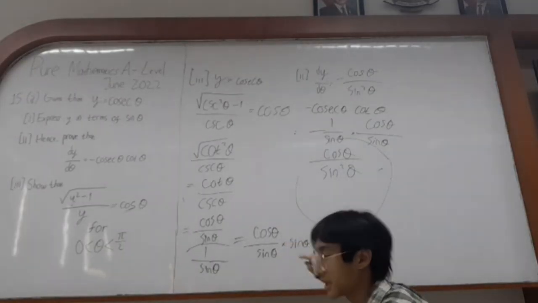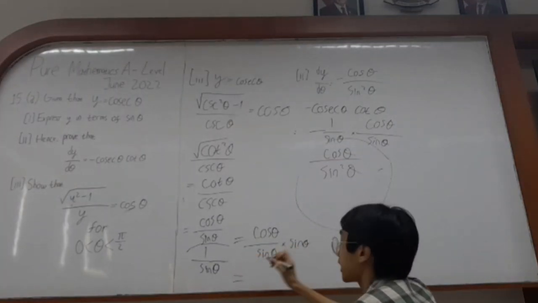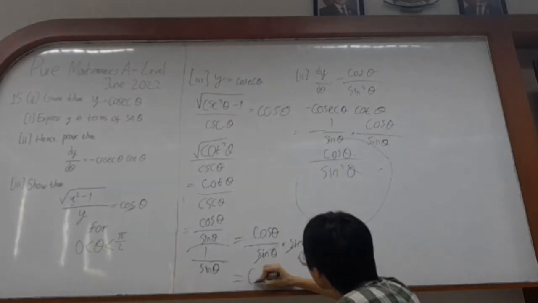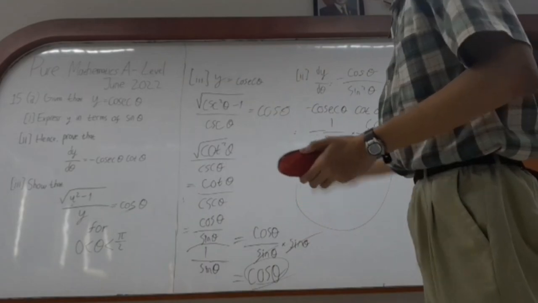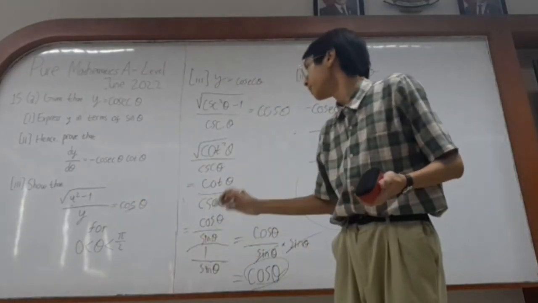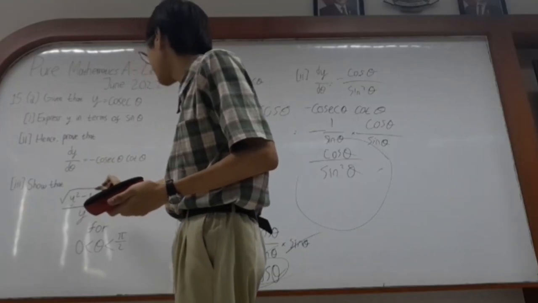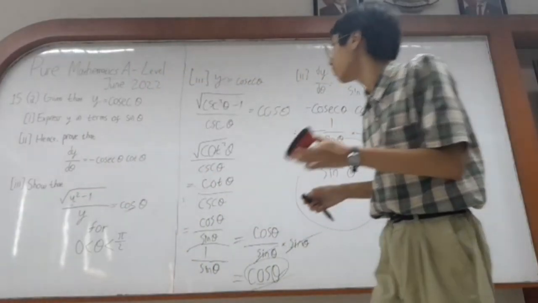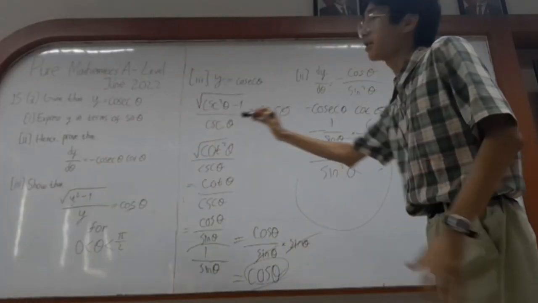So finally, we can cross this out with this, leading to cos theta, and we finally found the answer. As such, we are able to show that root y squared minus 1 over y is equal to cot theta.